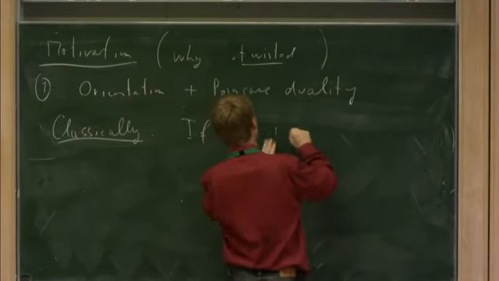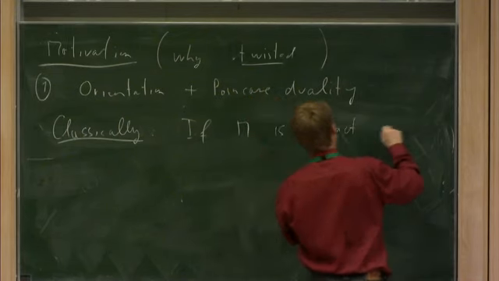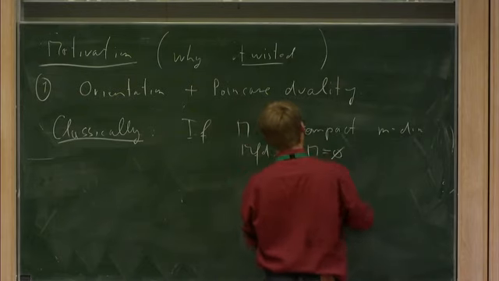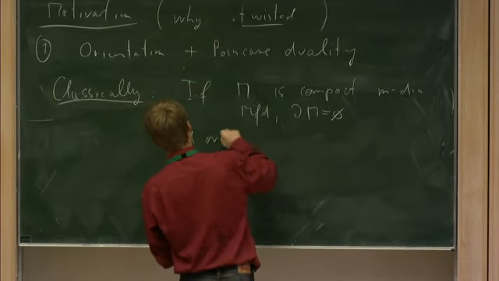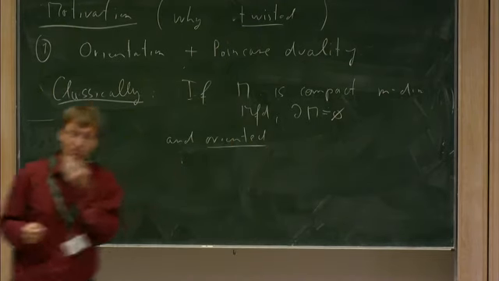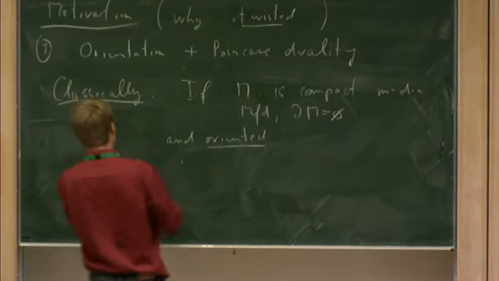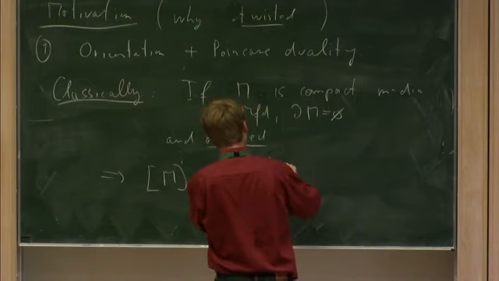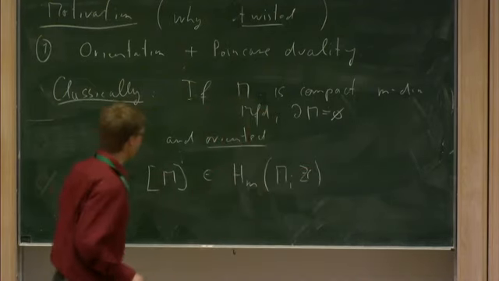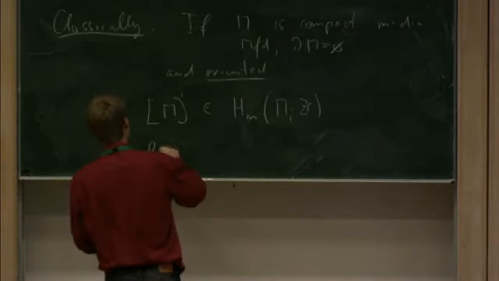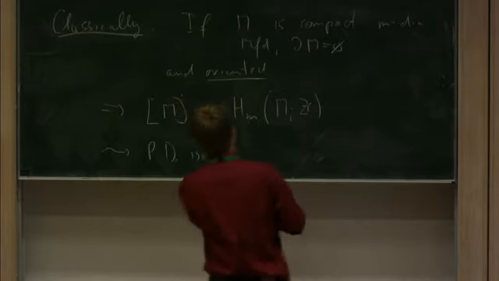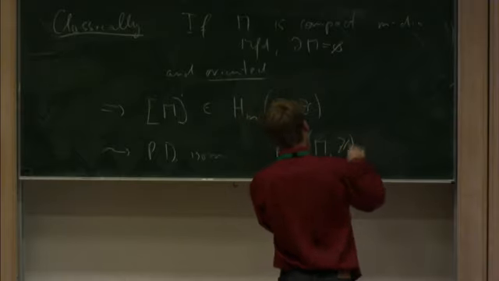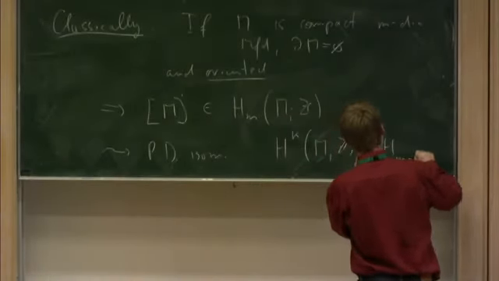If M is a compact m-dimensional manifold, no boundary, and oriented in the usual sense, then of course we have a fundamental class in the top degree m homology of the manifold with integer coefficients, and using it we get a Poincare duality isomorphism between the cohomology with integer coefficients and the dual homology.